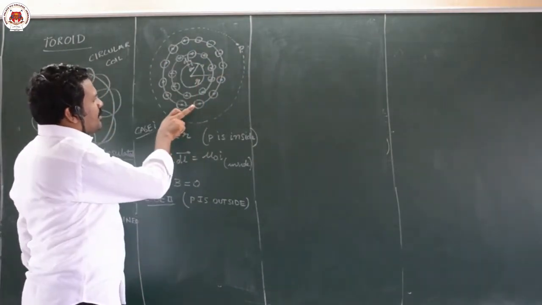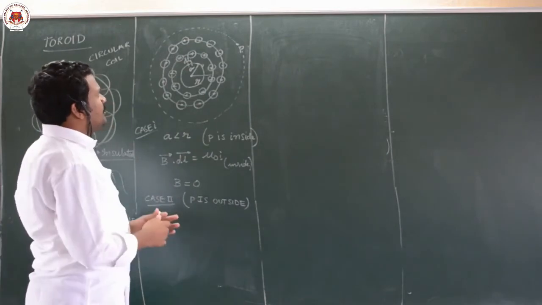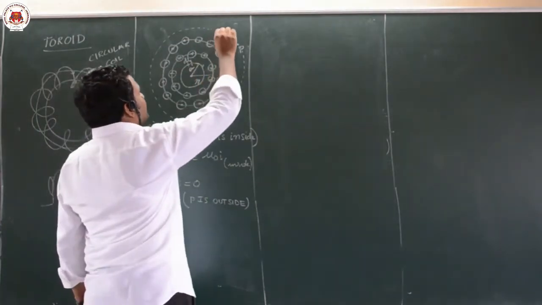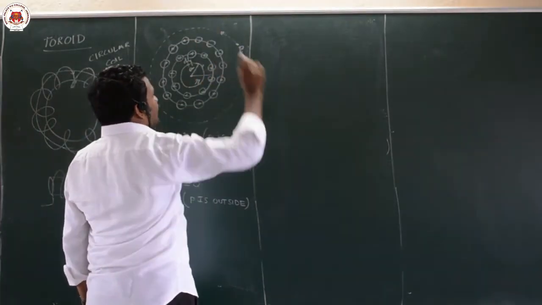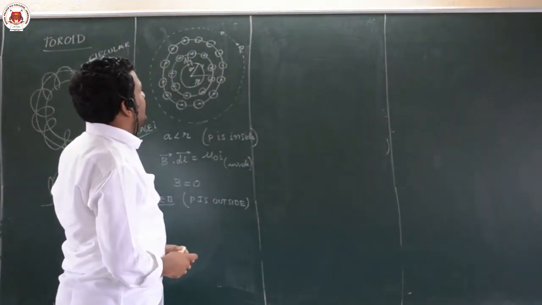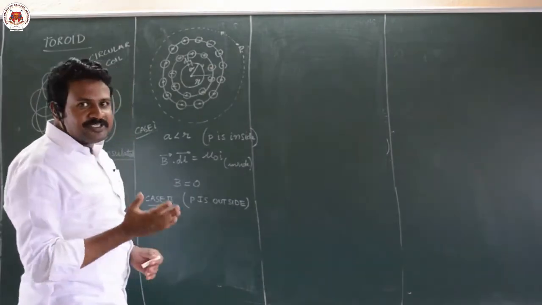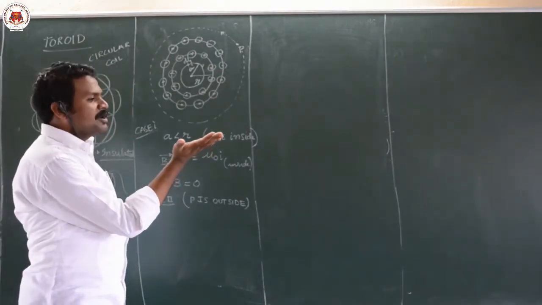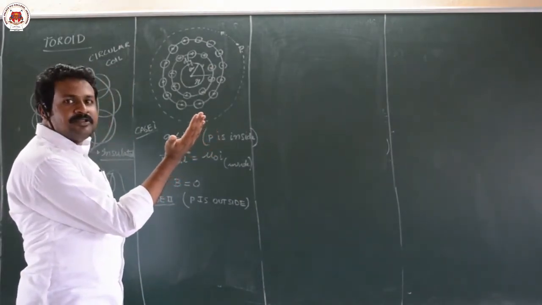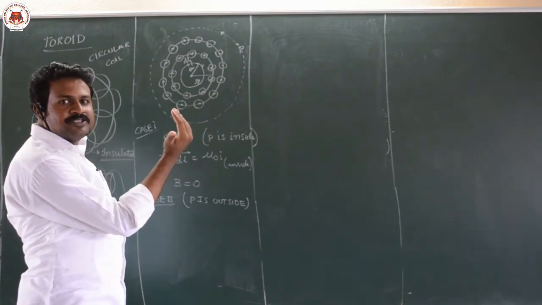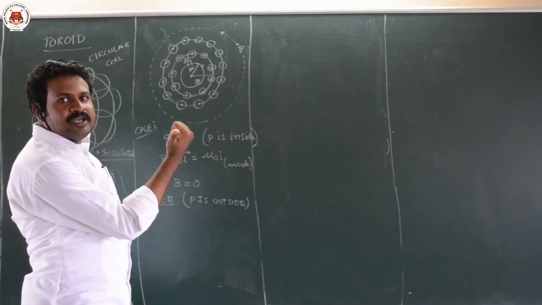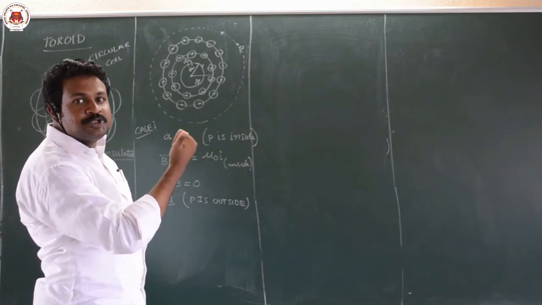See, current going out, you have to take the direction of the loop. You have to give direction to your loop, and while applying the sign convention, I said curl the fingers in the direction of the loop. The direction of the thumb gives the positive current.